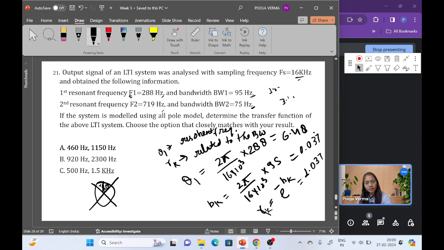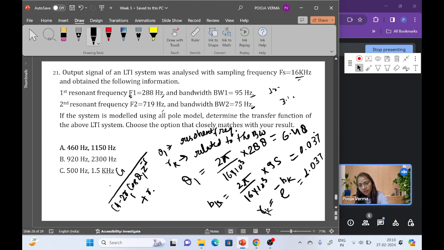Okay, and I already told you the formula of this all-pole system. So first take B1 and R1 and put them in that formula, that is G equal to 1 minus 2 R1 cos theta 1 Z inverse plus R1 square Z to the power minus 2.